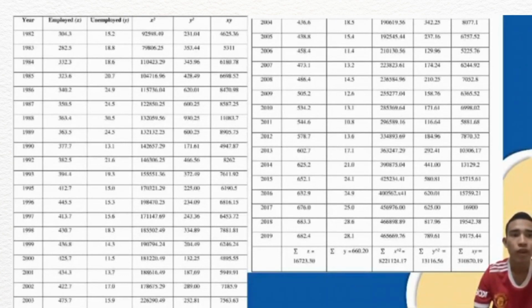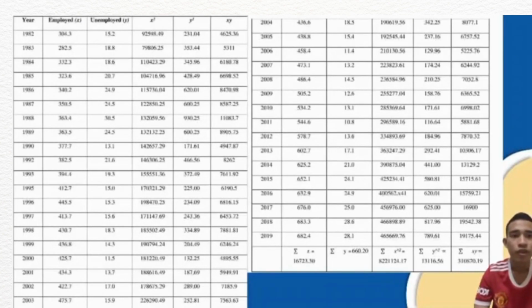Square that to find Y2, which is 2520.04. The value of XY for that year is 304.3 times 15.2, equal to 4625.36.